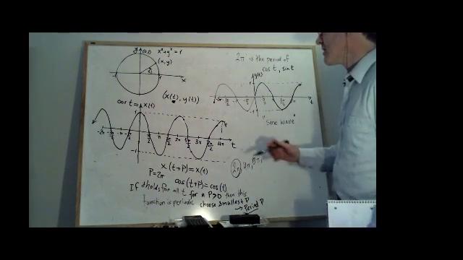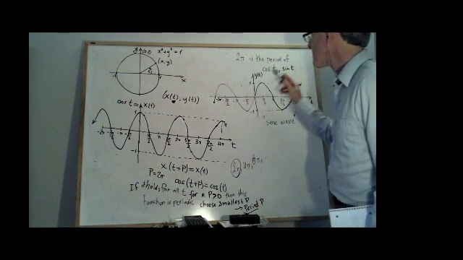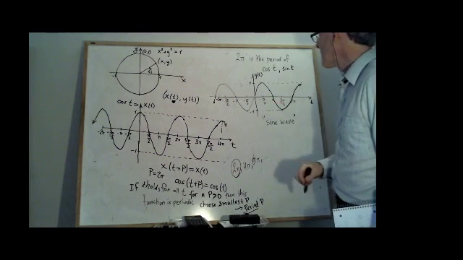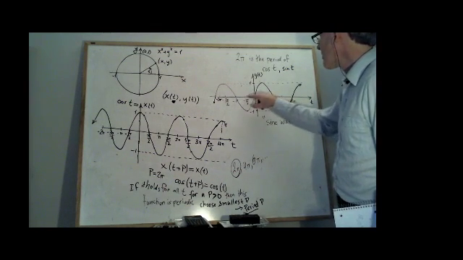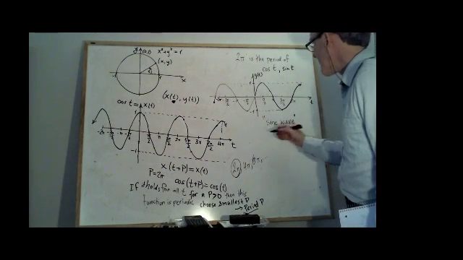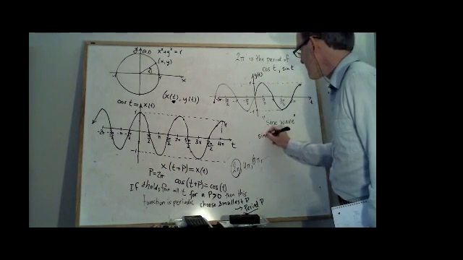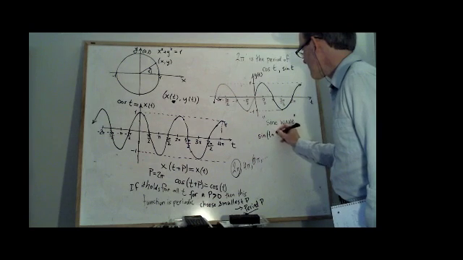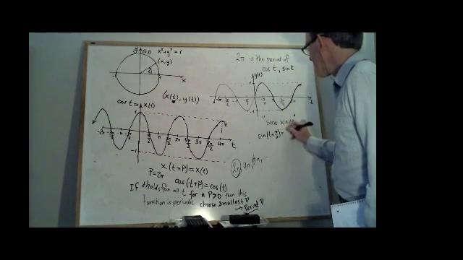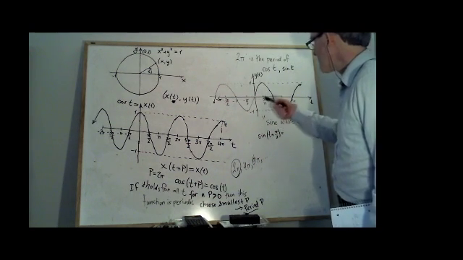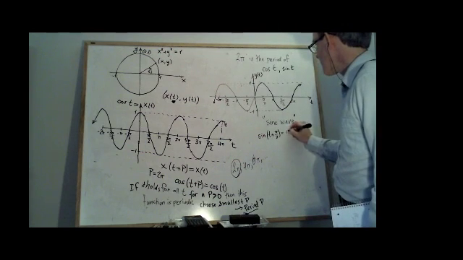So you can get from the cosine function to the sine function just by shifting the sine function over to the right by pi over 2. So that means you'll add pi over 2. So right away you can check this equation. Adding pi over 2 will shift the sine function over, and then that will give you the cosine function.